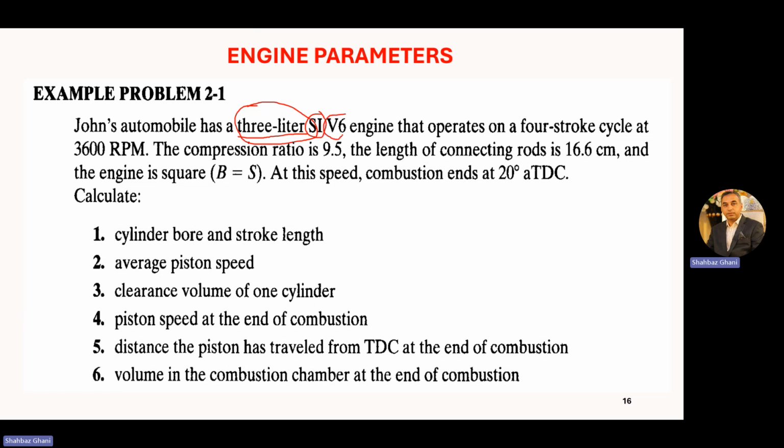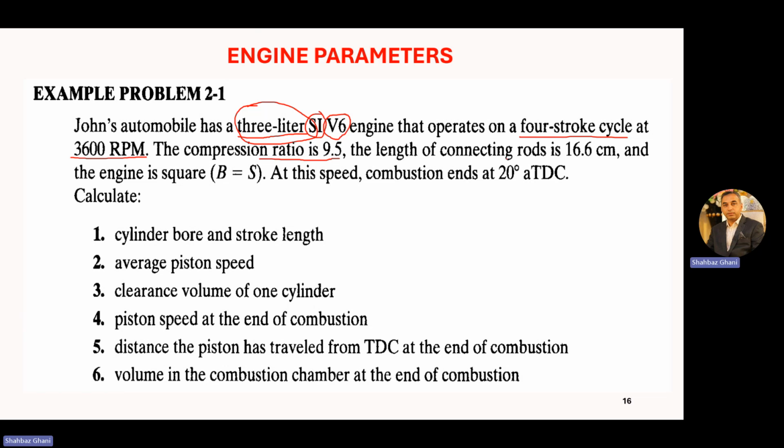V6 configuration of the engine, so it has 6 cylinders. Remember this thing. And that operates on a 4-stroke cycle. Another information: N is your 3600 RPM, revolutions per minute. Compression ratio, RC, is 9.5.